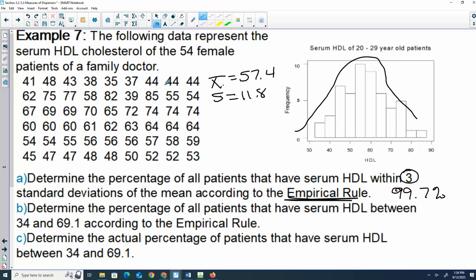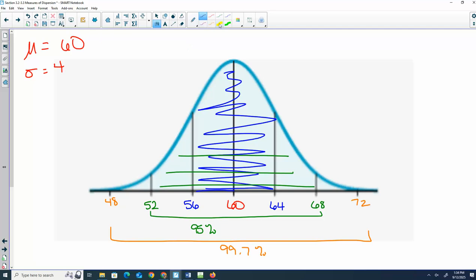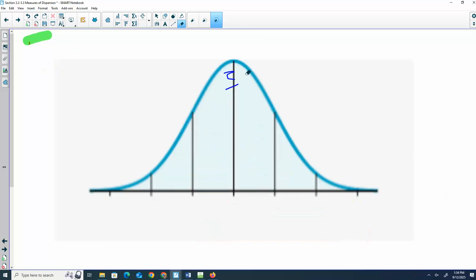All right. So think about this curve for a second. My mean, what did we say that was? 57.02. So that's the center. If our standard deviation is 11.8, then if I take 57.4 and subtract it, that's 45.6.